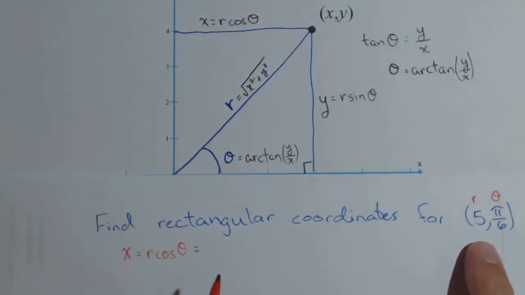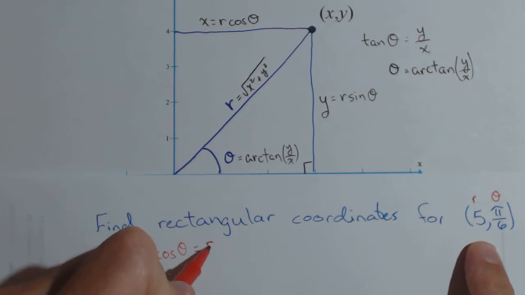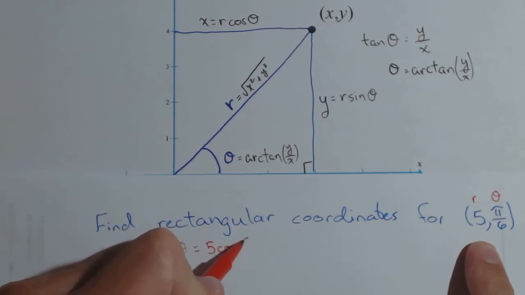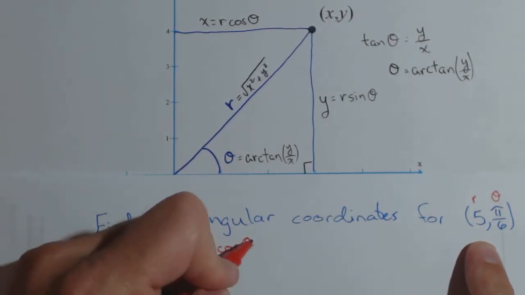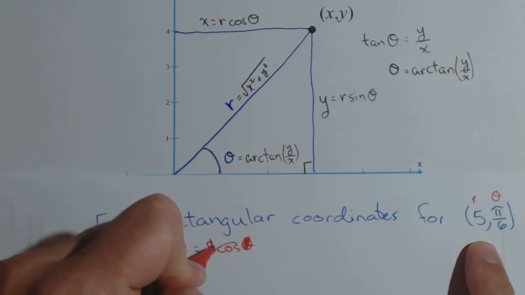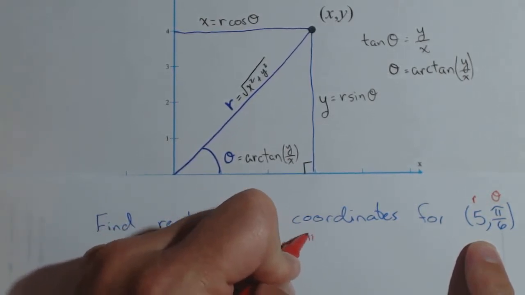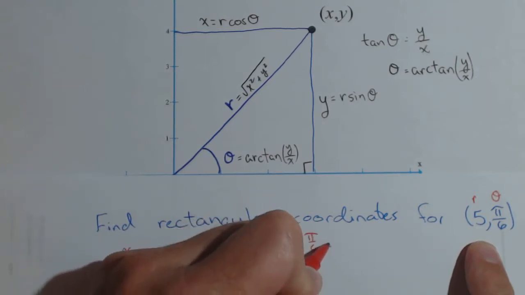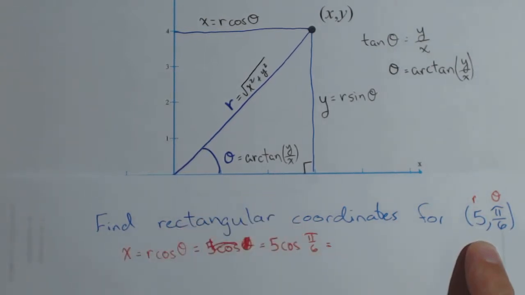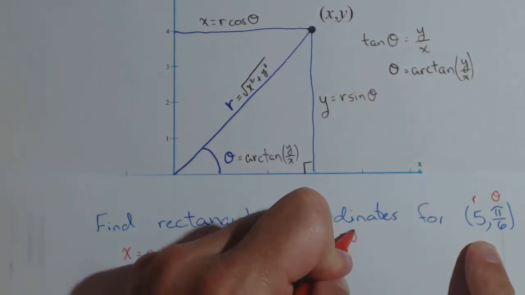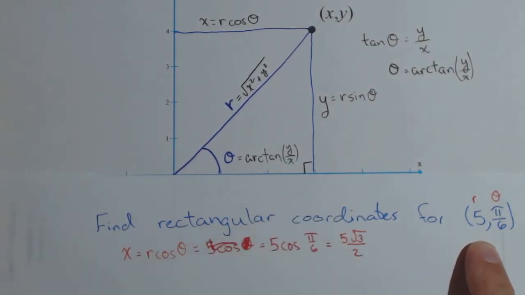So I really have a very straightforward conversion. It's 5 cosine of theta. Well, we know theta, so let's rewrite that. It's 5 cosine of pi over 6. And we know the exact value of cosine of pi over 6, which is root 3 over 2. So this is 5 root 3 over 2.